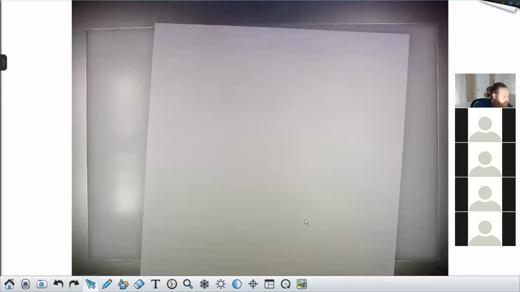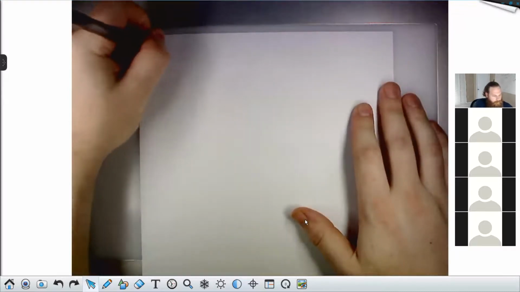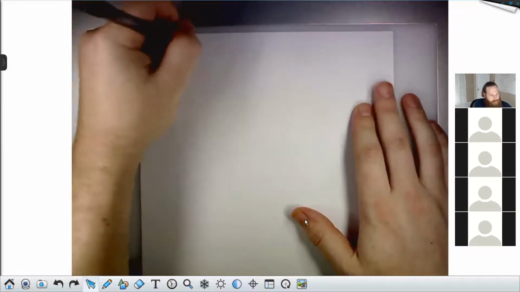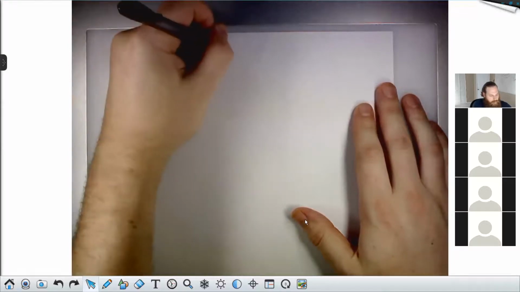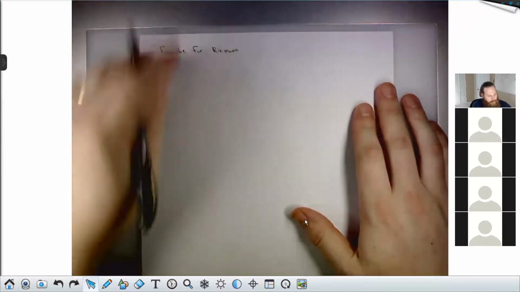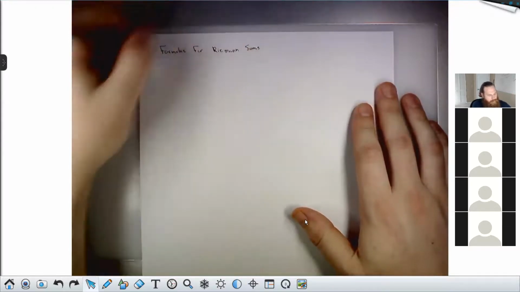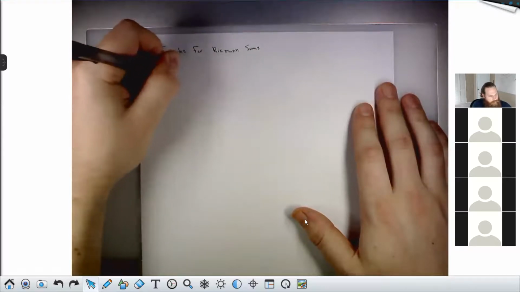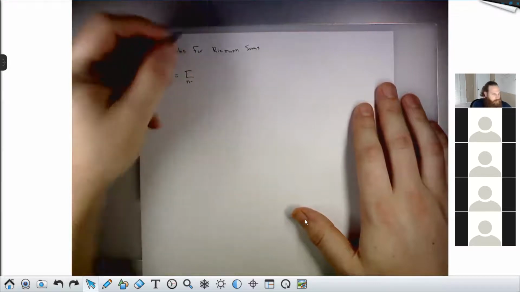So, formula time. The formula for Rn you already know. These things are called Riemann sums. Rn, as you know, can be written as sigma... Oh, I shouldn't use an N there.